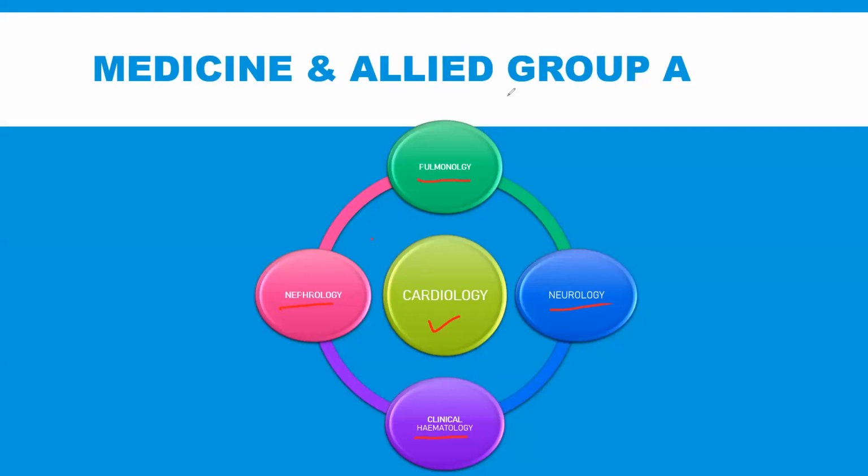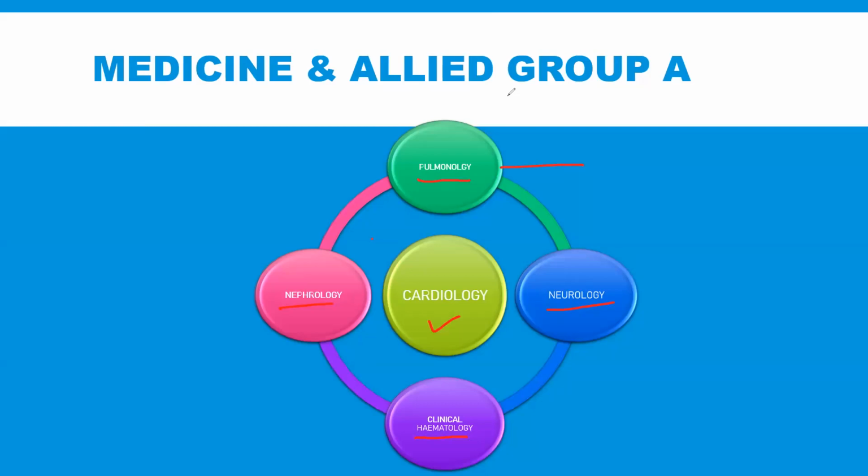So why are we supposed to understand these basic things? Whenever you apply for a specialty here, let's suppose you applied for pulmonology, once you enter the FCPS program, you pass your FCPS part 1 and then get inducted into your residency program.